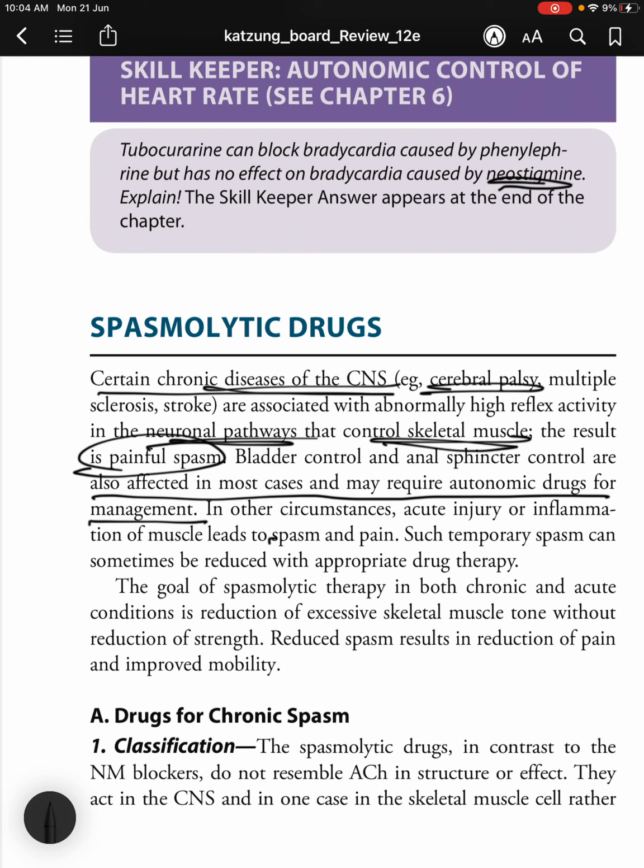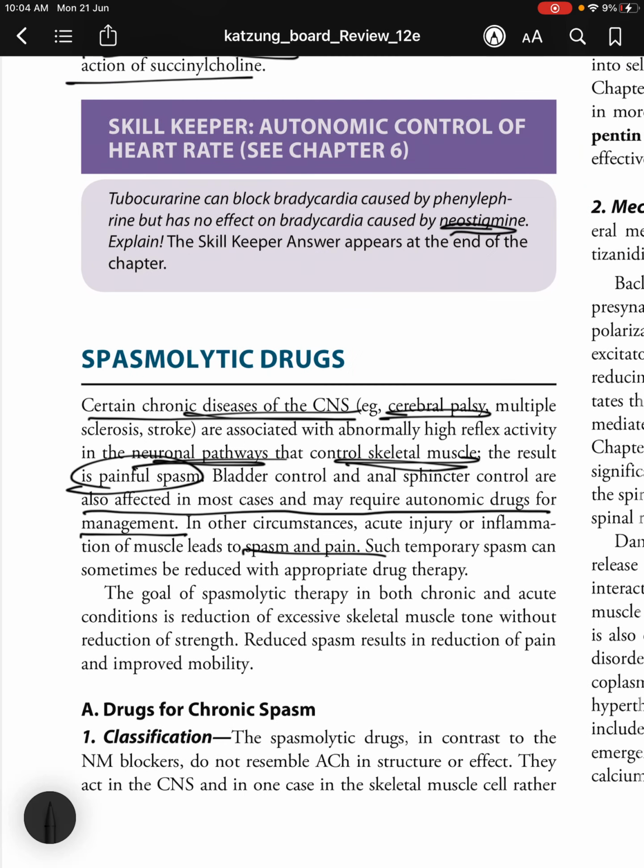In other circumstances, acute injury or inflammation of the muscle leads to spasm and pain. Such temporary spasm can sometimes be reduced with appropriate drug therapy. The goal of spasmolytic therapy in both chronic and acute conditions is the reduction of excessive skeletal muscle tone without reduction of strength. Reduced spasm results in reduction of pain and improved mobility.